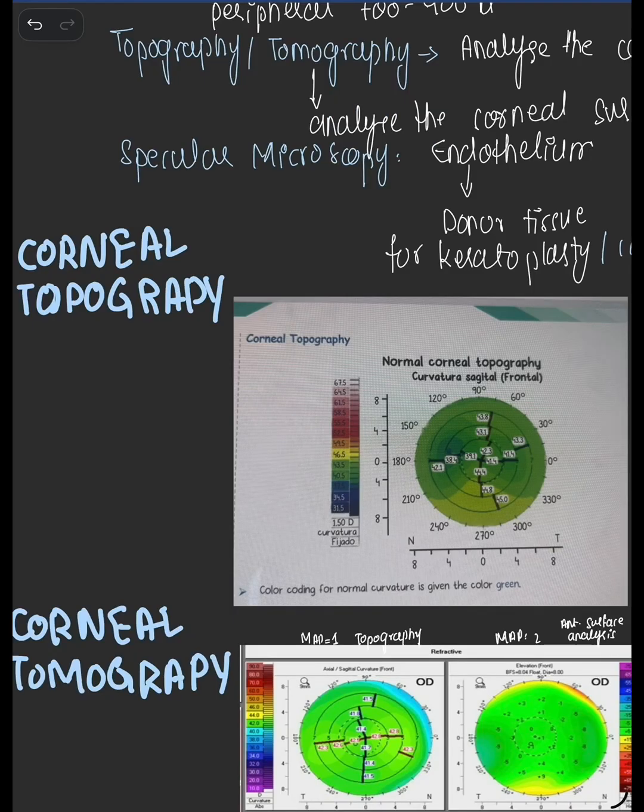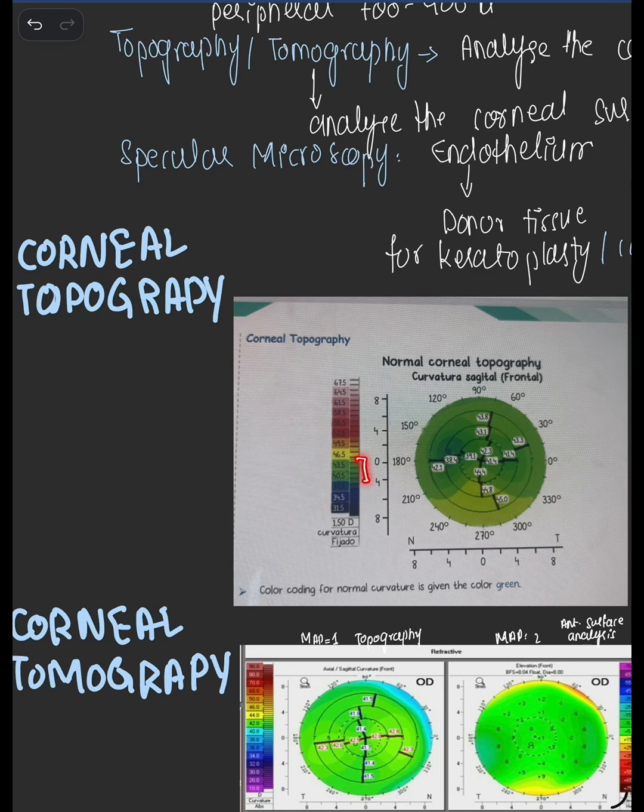And the corneal topography. This chart shows the corneal topography of a normal cornea. The values are coded in colors, and there is a circle showing the values. Here the values are coded in green.